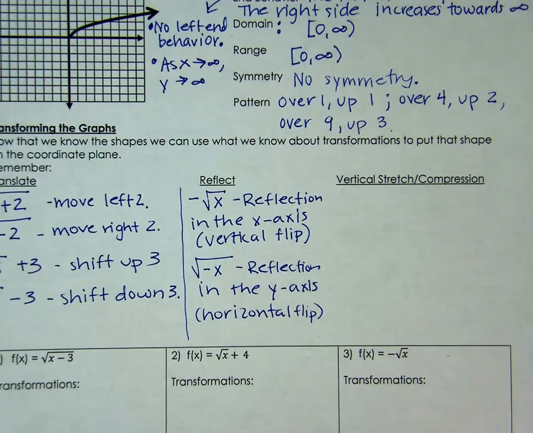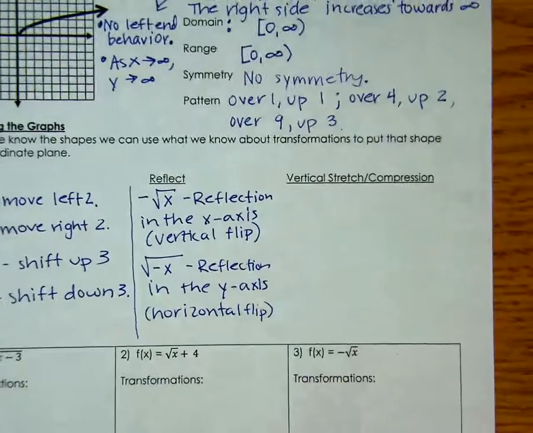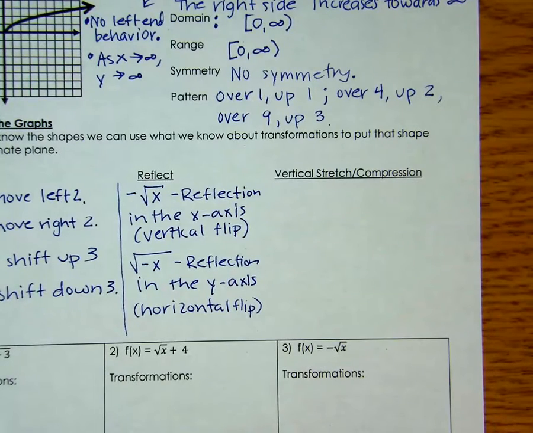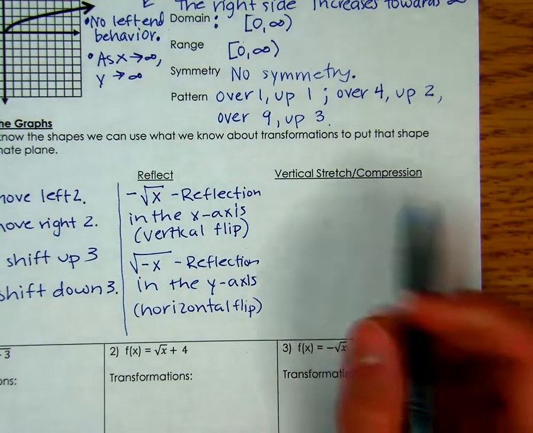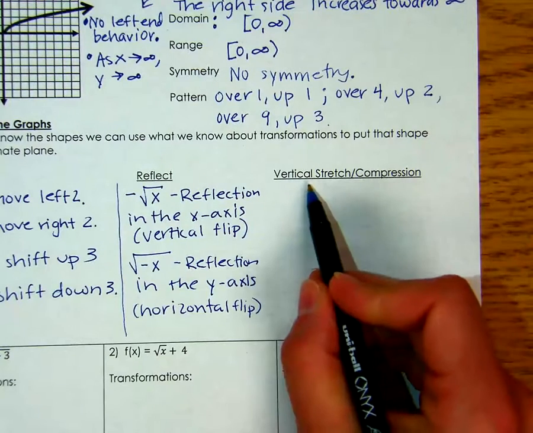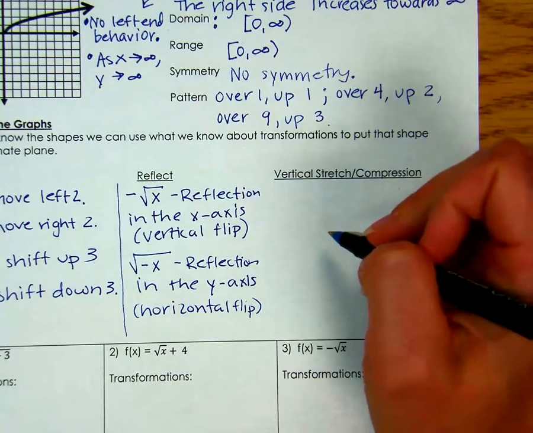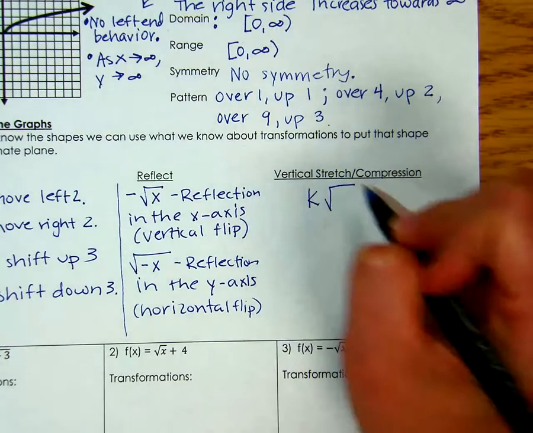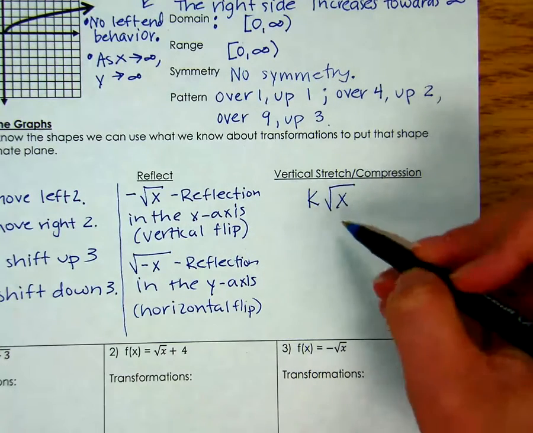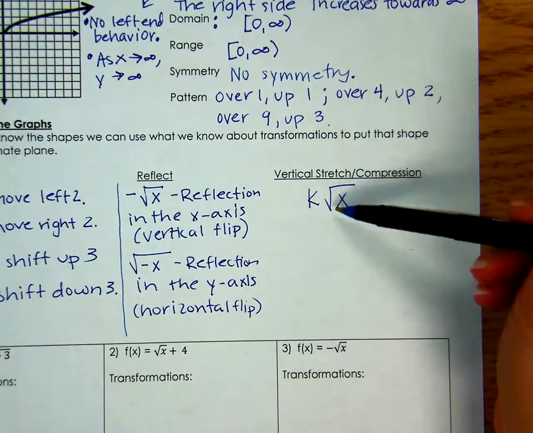Our last thing is a vertical stretch or even a vertical compression. We're only going to worry about the vertical stretch and compression, which means that our constant is going to be in front of the radical. So we're looking at k times the square root of x. If it was a horizontal stretch or compression, you could put a coefficient in front of x, but we're not going to do that in this unit.